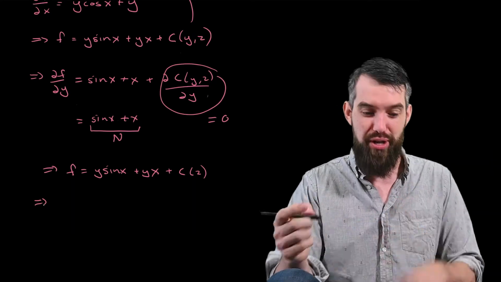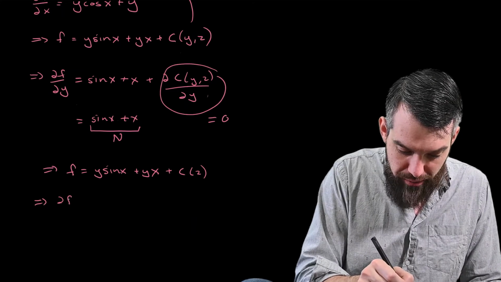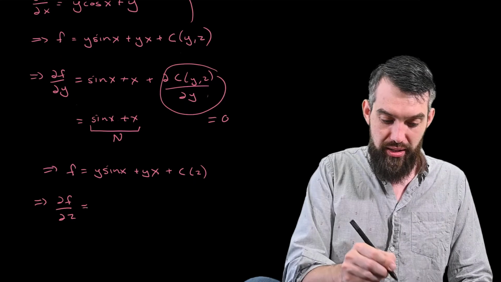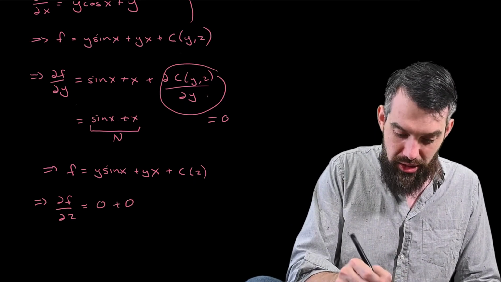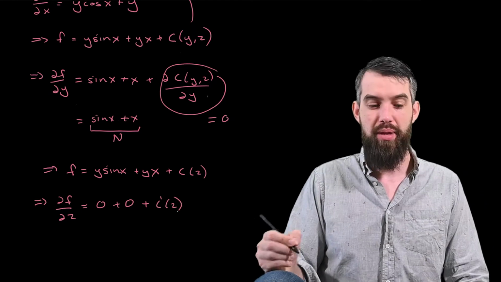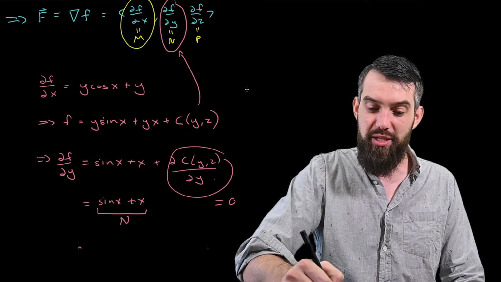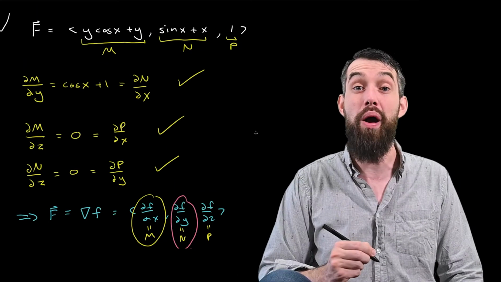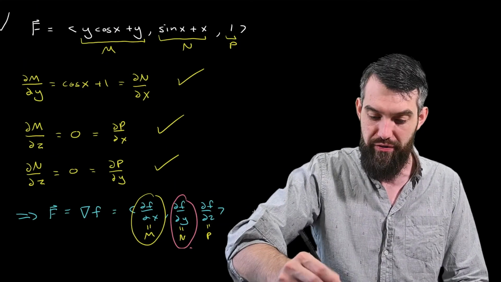That was the third option, and that's going to be equal to p. So partial derivative of f with respect to z now is, well, 0 plus 0 plus c prime of z. And the claim is that this must be equal to p. So let's go all the way back to the beginning. Remember what our p was. Our p was 1 in the original vector field.